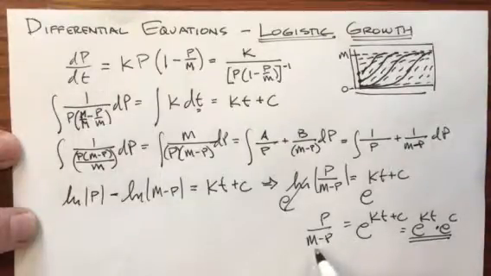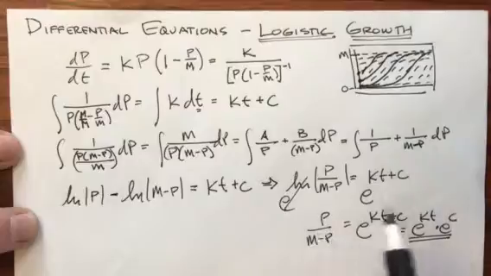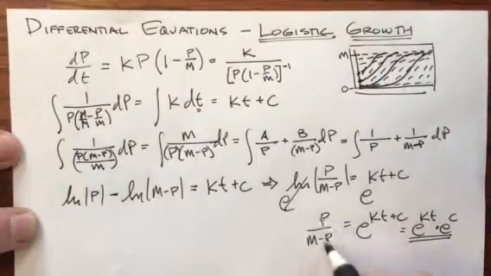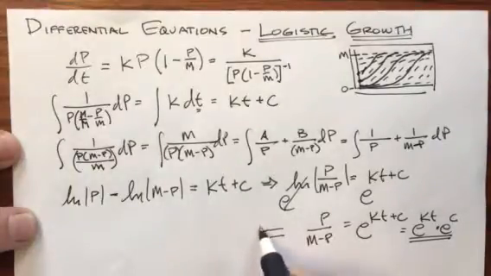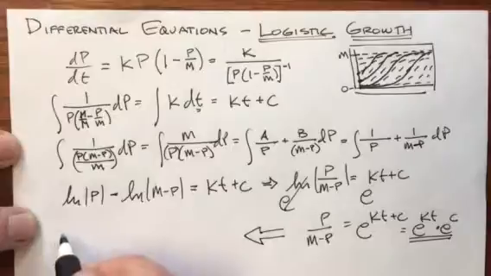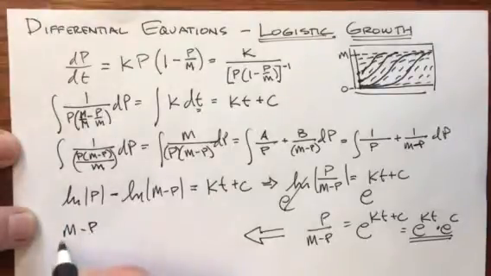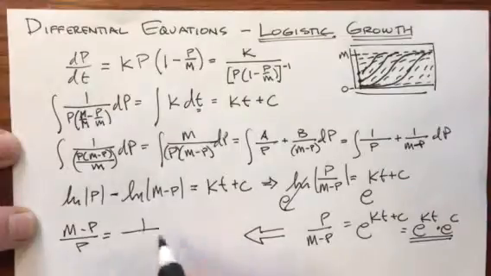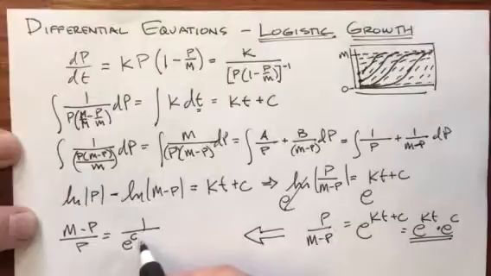Well, what do I do with this? If I just invert this, flip it upside down, because I'm trying to solve for p, I'm trying to get p by itself. And if I flip it upside down, I'll get p in the denominator, which helps. I'm going to go zigzagging backwards, come this way now. So flip that upside down: m minus p over p is equal to 1 over, I'm going to put e to the c out front, and then e to the kt right there.